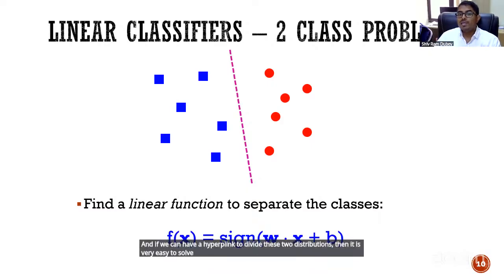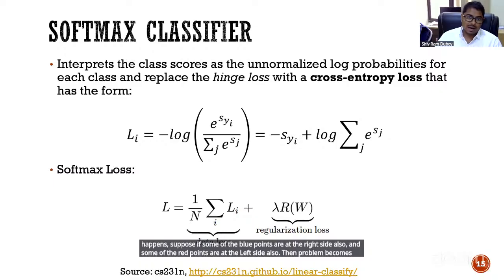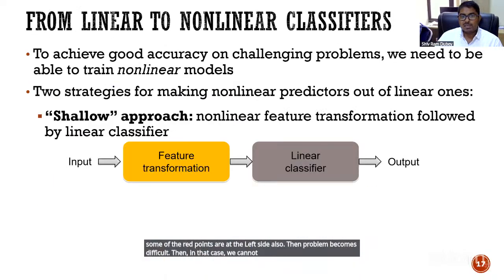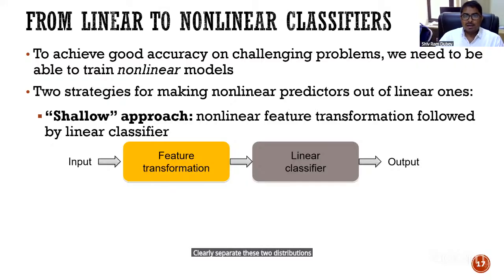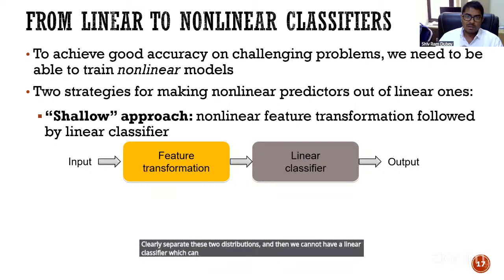That is called the linearly separable problem. But suppose some of the blue points are at the right side also and some of the red points are at the left side also, then the problem becomes difficult. In that case, we cannot have a hyperplane which can clearly separate these two distributions, and then we cannot have a linear classifier which can solve this problem.